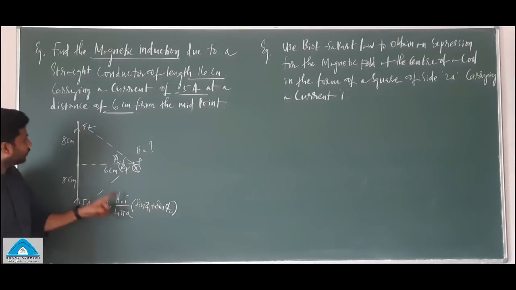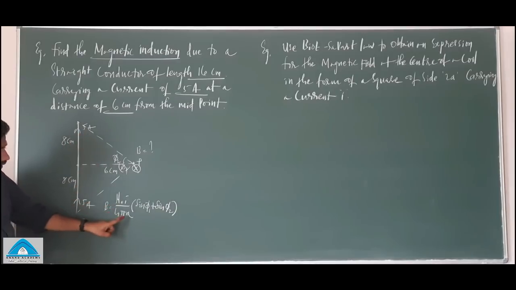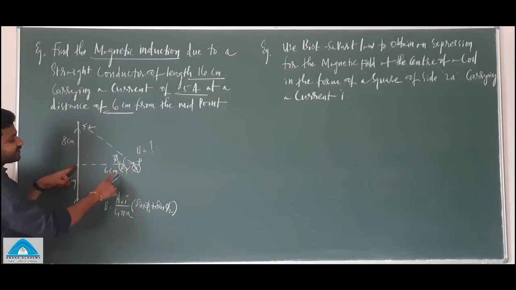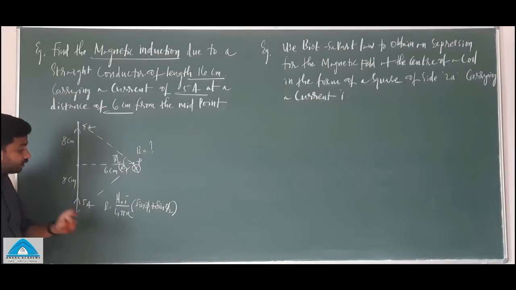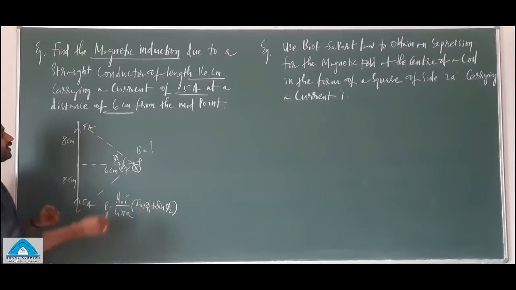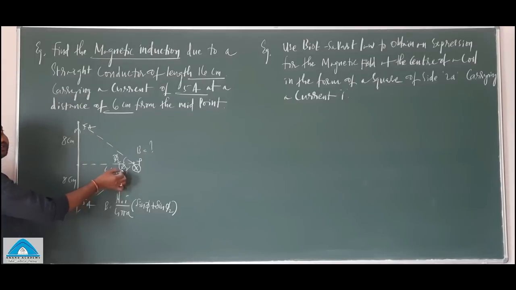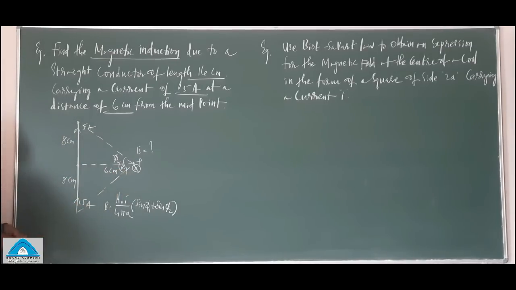I is given, 5 ampere. A is the perpendicular distance from here to here, 6 centimeters. Sin phi 1: phi 1 is this angle, and sin is opposite side by hypotenuse. What is the hypotenuse here? Root of 8 square plus 6 square. So that will be 10.